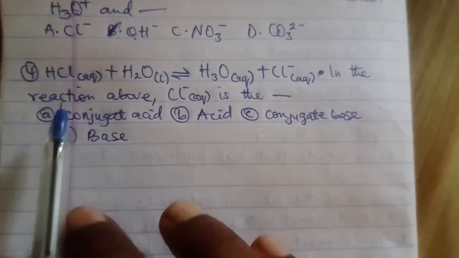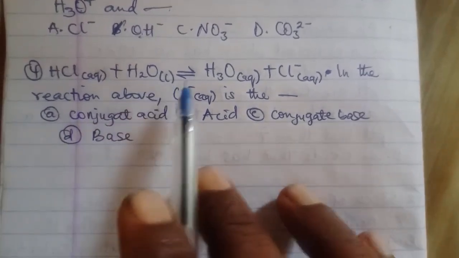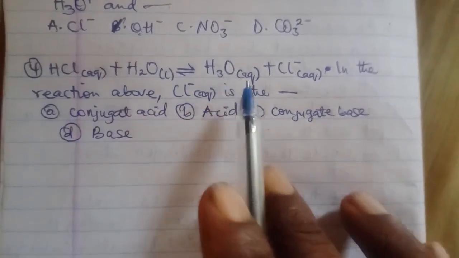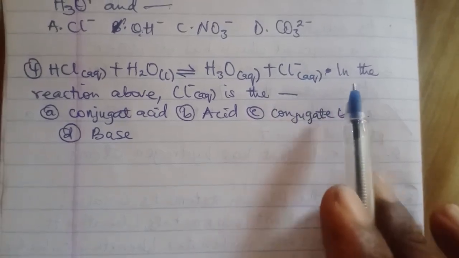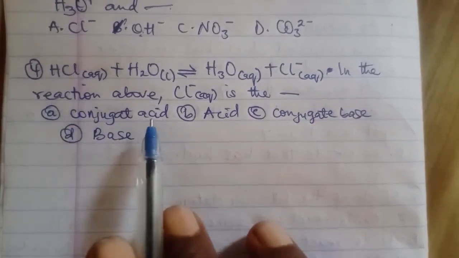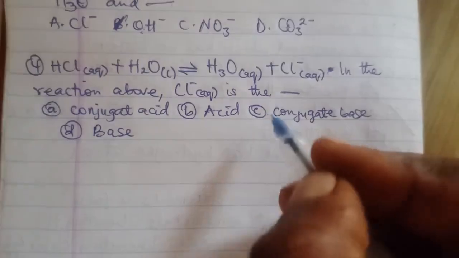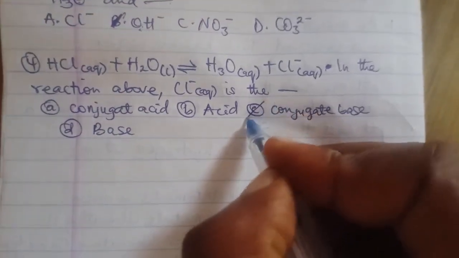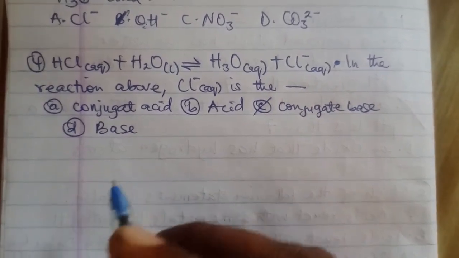The next question says HCl aqueous plus H2O liquid ionizes to give H3O+ aqueous plus Cl- aqueous. In the reaction above, Cl- is the dash. Now the answer is the conjugate base. The reason is because according to Lowry-Bronsted, an acid is a proton donor.